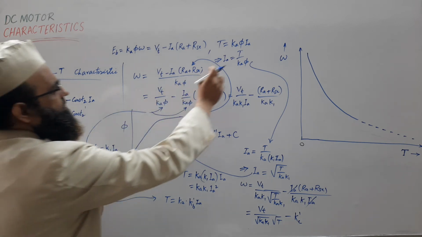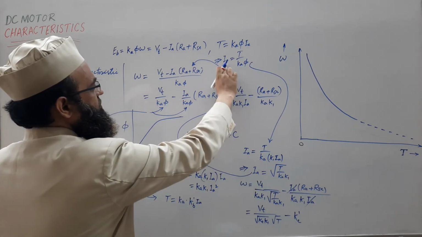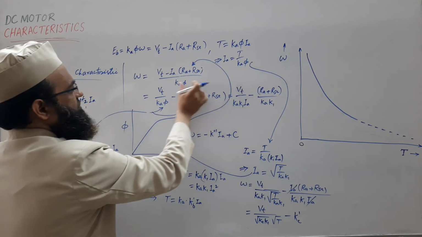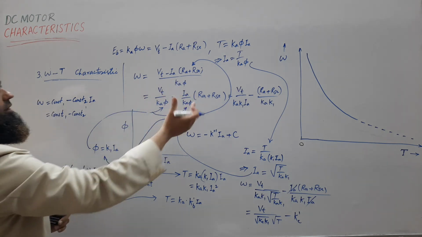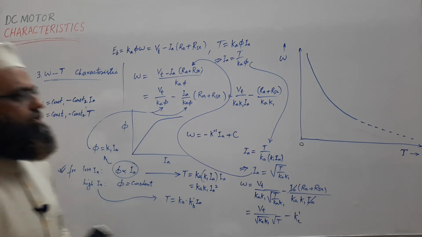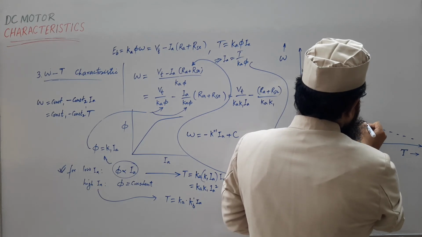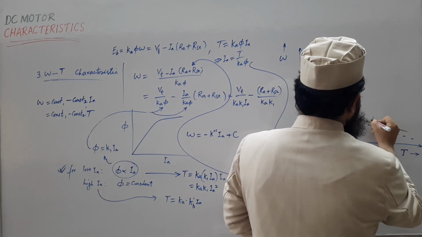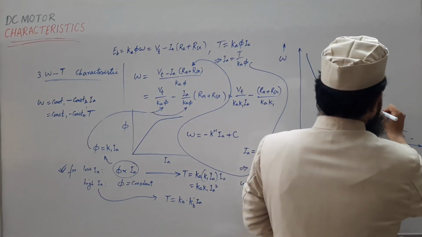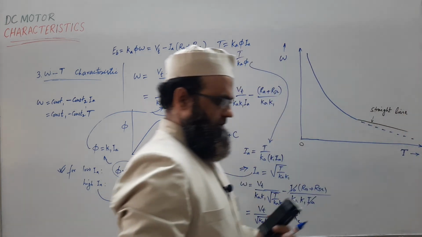How? Ia is T upon Ka phi. The root T was for the lower value of Ia. So in general, if you substitute Ia here, it will be T upon some constant Ka phi square, that will be constant, times T. So a straight line, no need to worry. So this curve will have a similar nature as that of speed versus armature current, right here a straight line. Hope it is clear to you.